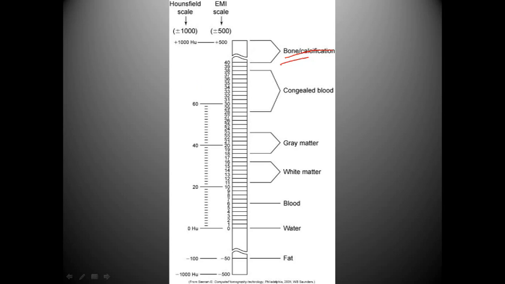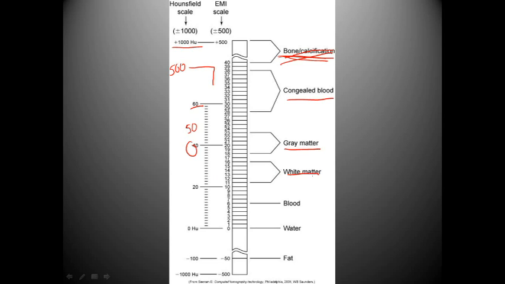Bone or calcification is around plus 1000. Congealed blood goes somewhere between 60 and probably about 500. Gray matter, on the other hand, goes around 40 to about 50.